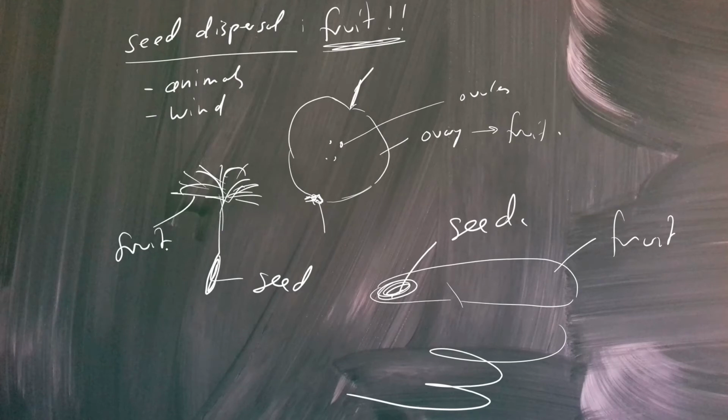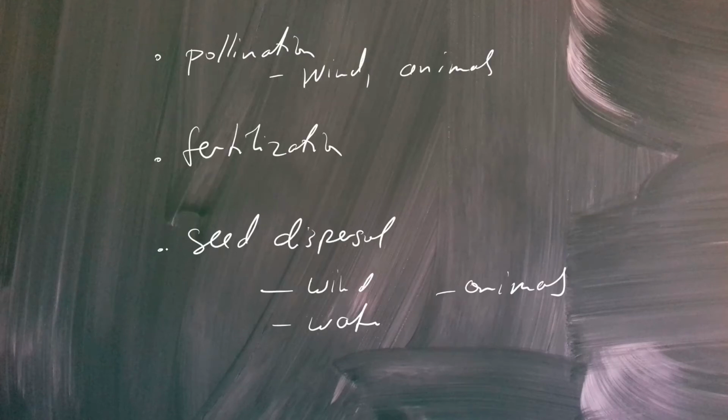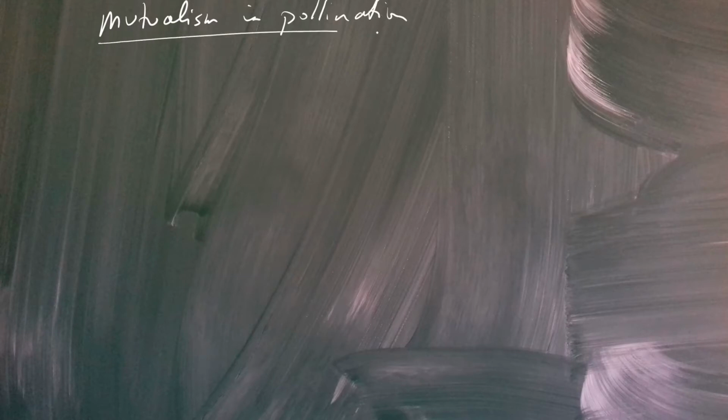The next thing I would like to talk about is something called mutualism in pollination. In very simple words, this means that insects and flowers sometimes have to work together for pollination to happen. There's a mutual benefit.